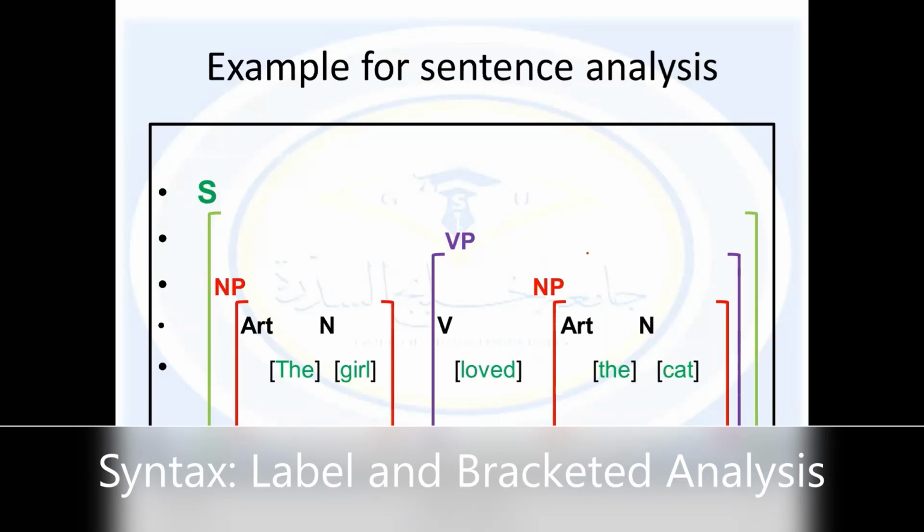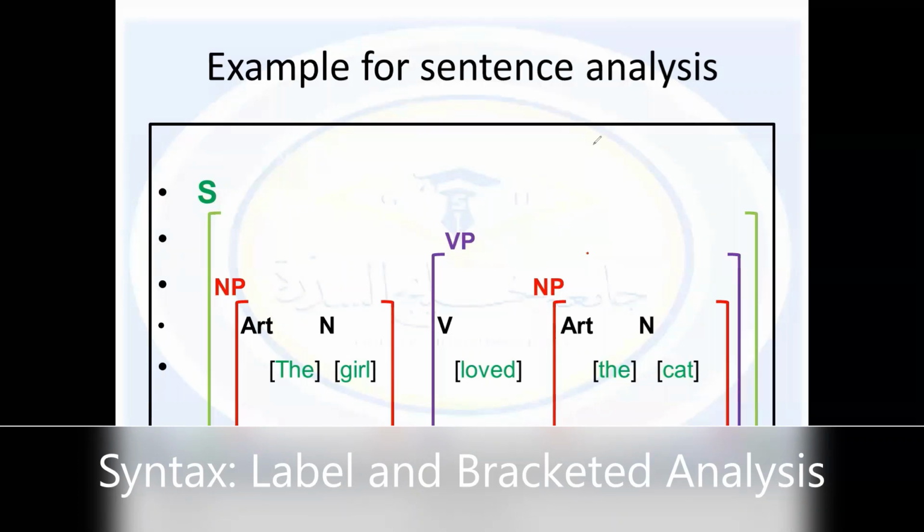So this is known as labeled and bracketed analysis. So this point is very important, and I think it's very important even to think of the components. Which one of them is the largest? Is it the sentence?